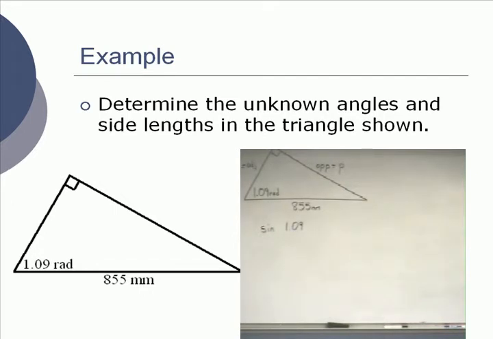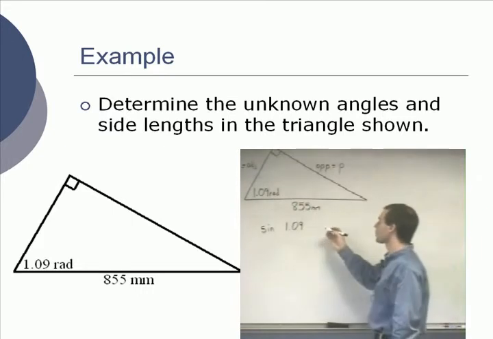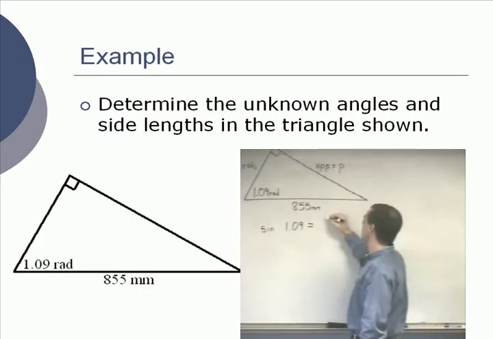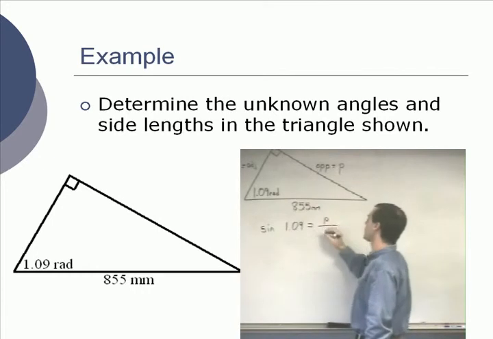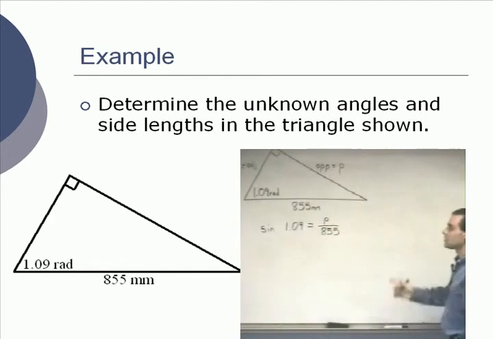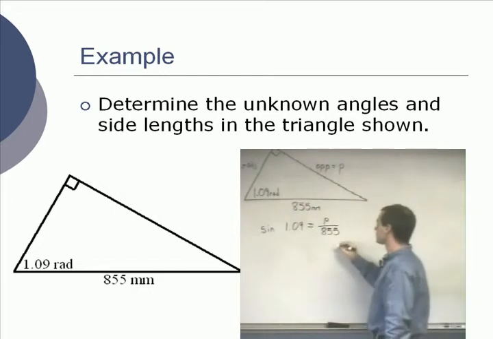Pretty common notation. So we'll follow that. 1.09 refers to 1.09 radians. That's equal to the opposite side, which we don't know, over the hypotenuse of 855. Now, is this a case where we're going to do our algebraic switcheroo trick? No, you just multiply both sides by 855.